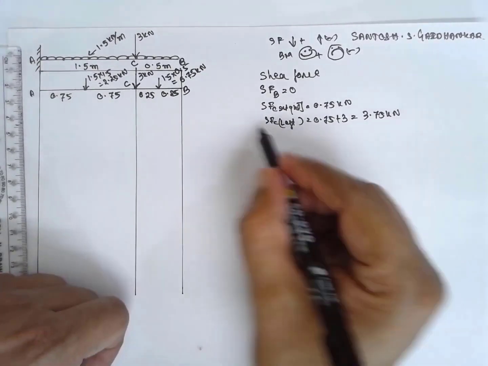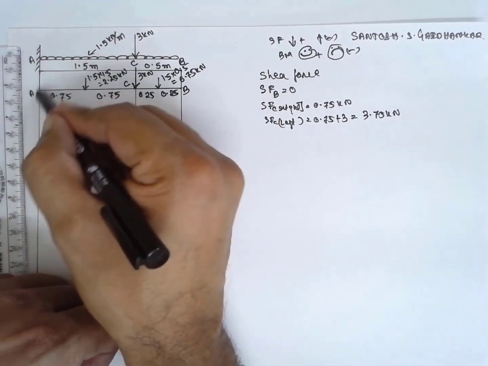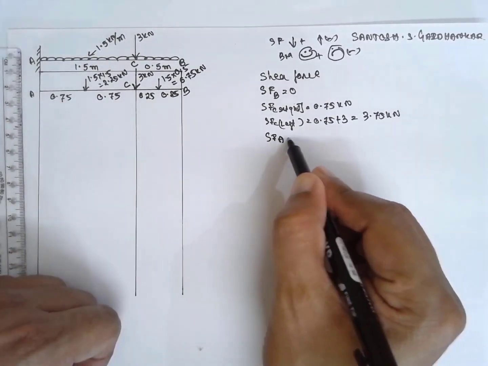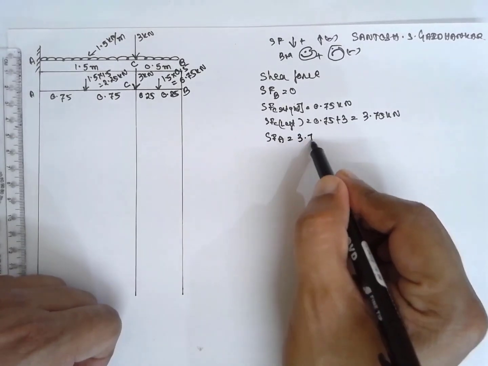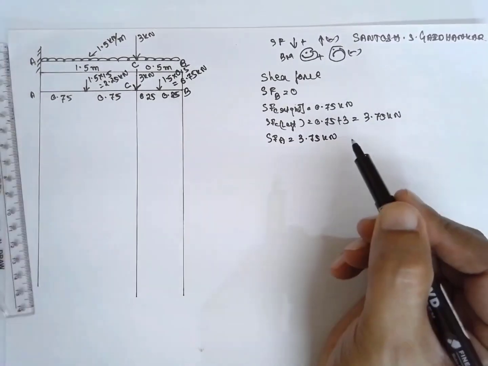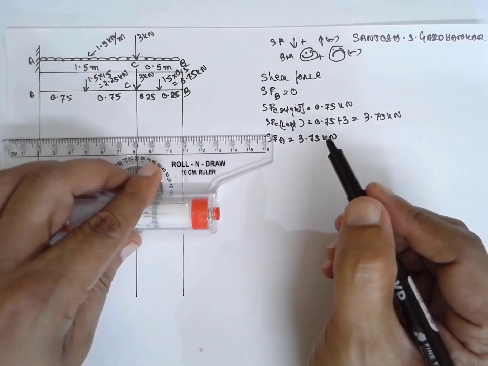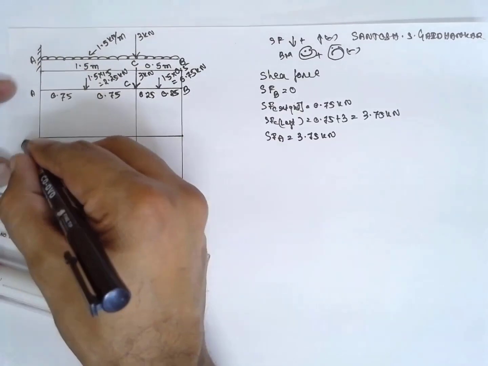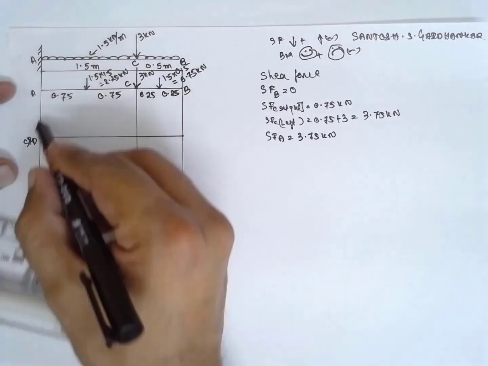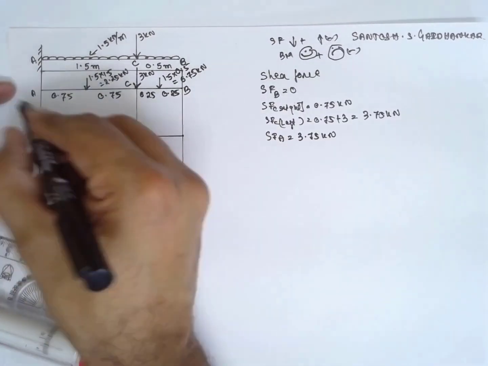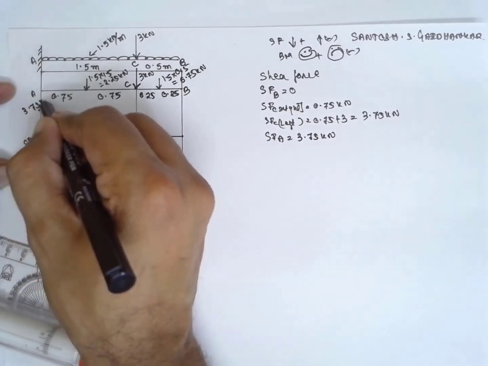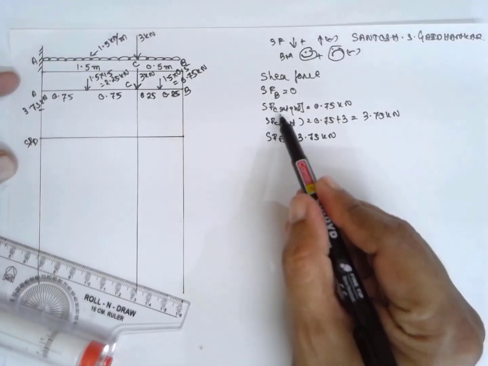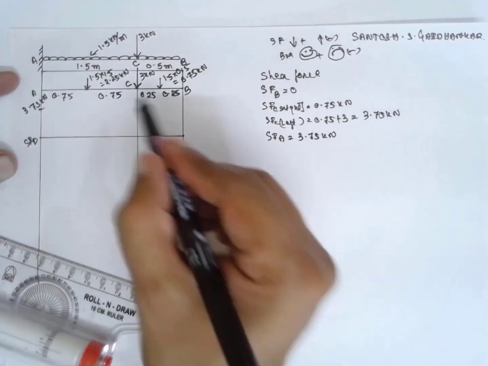Next at A. At A it is a fixed end, but there is no load acting. Therefore SF at A will be the same value, 3.75 kilonewton. Now draw shear force diagram here. This is SFD diagram.